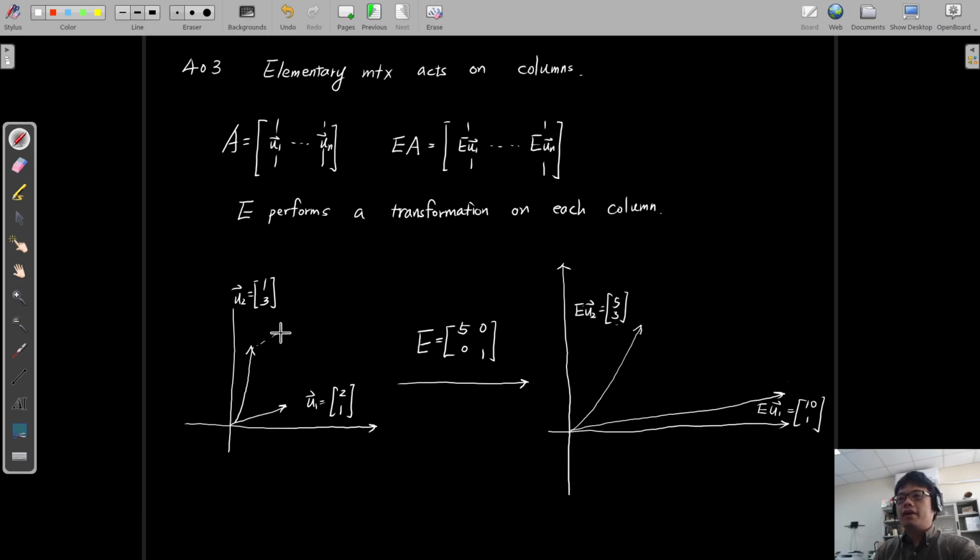So if you have some shape that is spanned by these two vectors, then the shape will also be changed and becomes something like this. And this action is basically saying you are stretching the canvas or the plane left and right by 5 times.